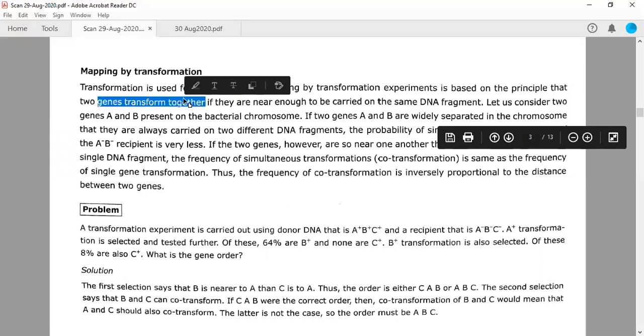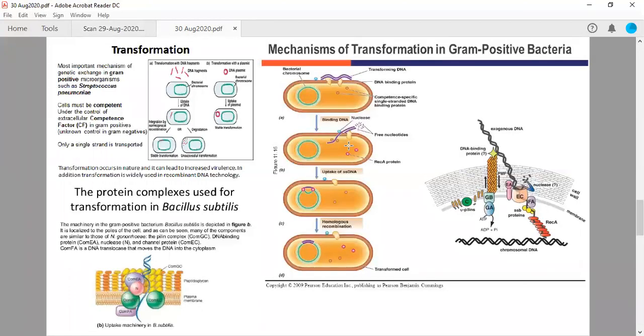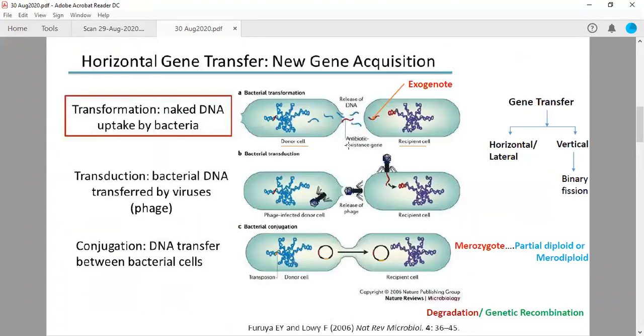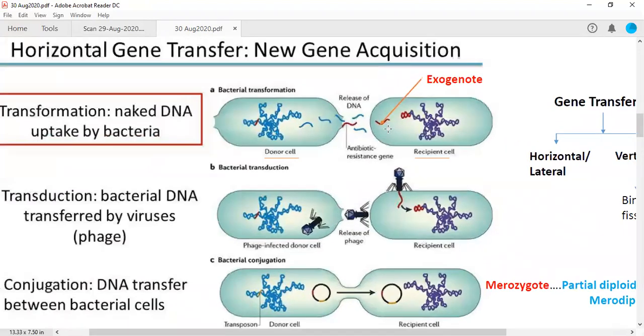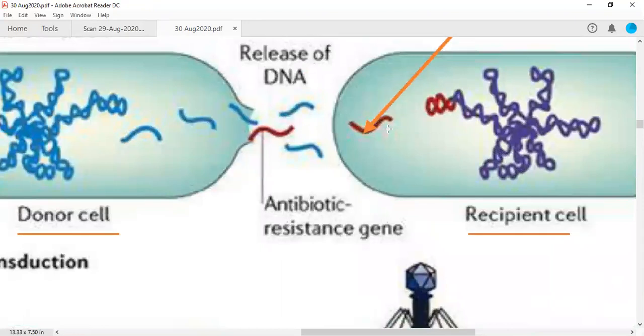Suppose that there are two genes which are present very close to each other. For example, you can see this is the exogenote, this is the endogenote in blue color.